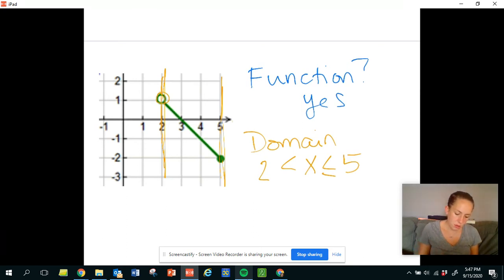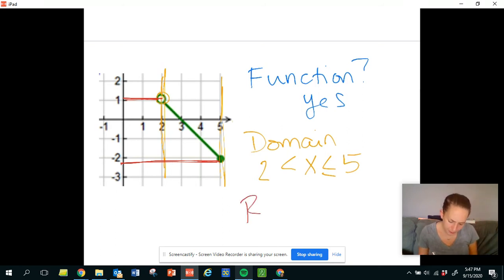All right, for range, we're looking at the y, so I want to see how low to how high. And just so you know, we always go from least to greatest with domain and range. Generally, I just go from least to greatest.